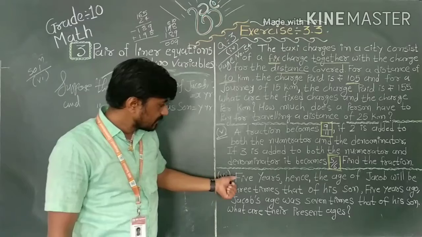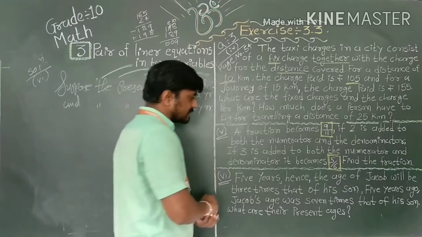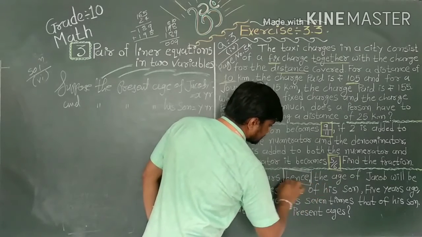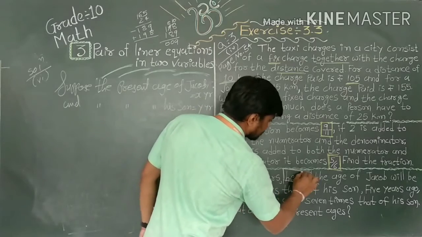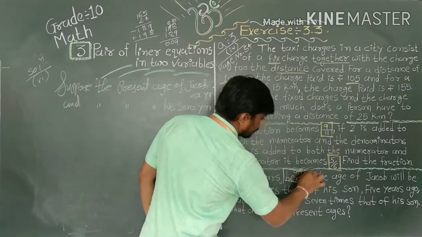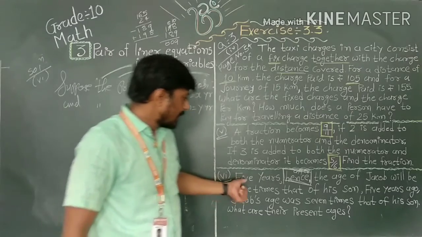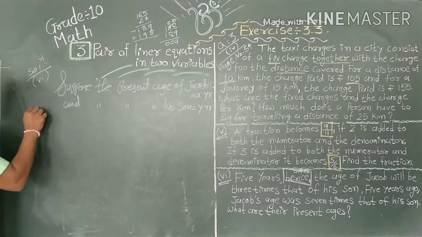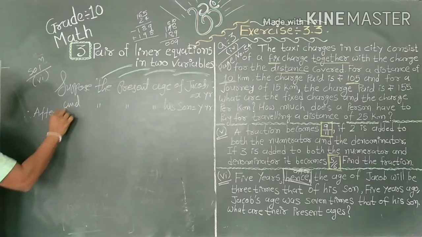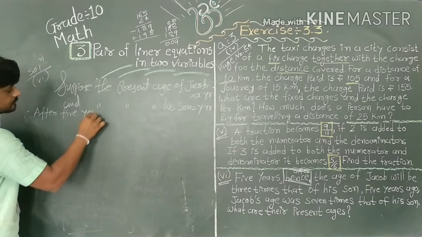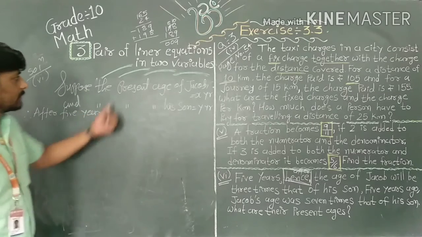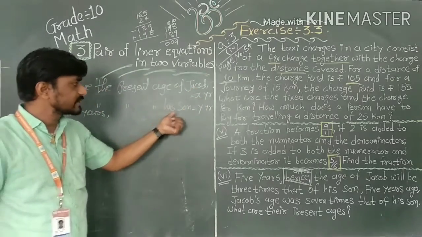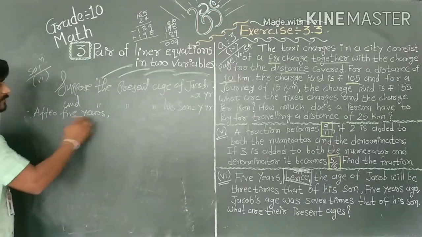What is the first condition? 5 years hence. Hence means this is a future tense, or you can understand it as after. After 5 years, what happened?